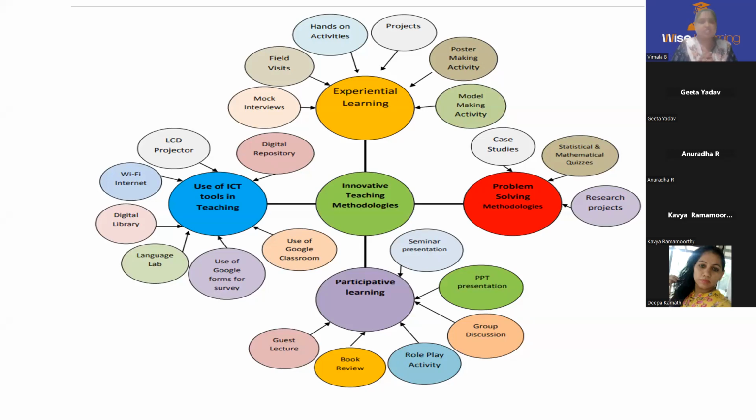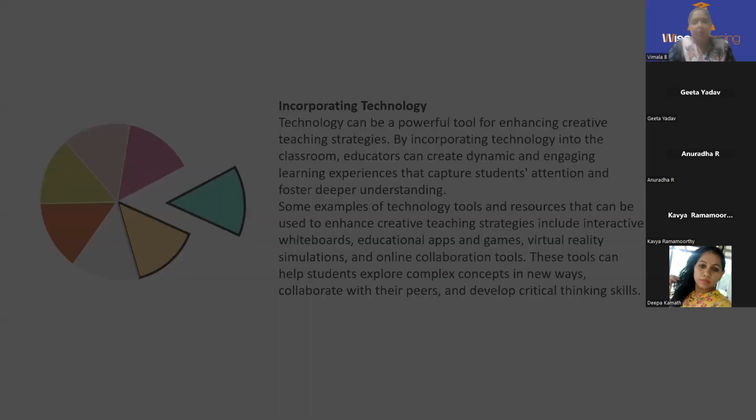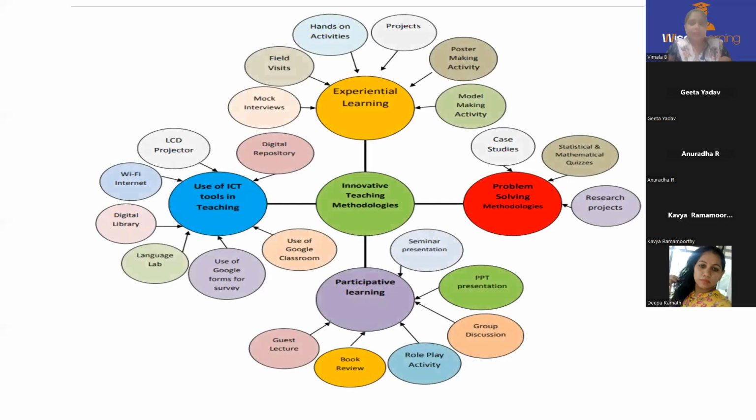Last is digital tools. When I'm using digital tools in my classroom, it might be for explanation, or for initiation, or for recapitulation. I can use different tools for my classroom session.